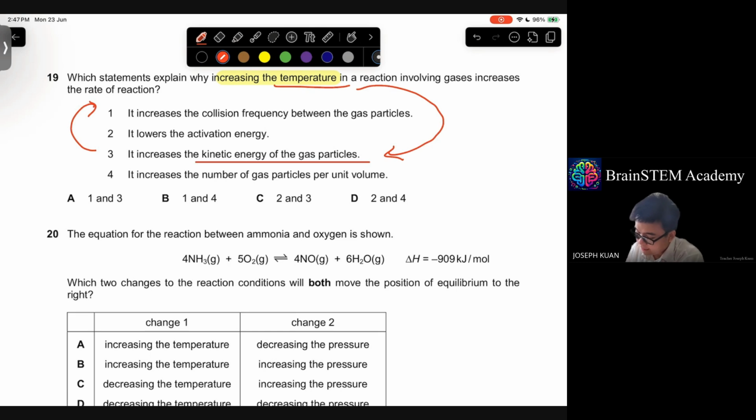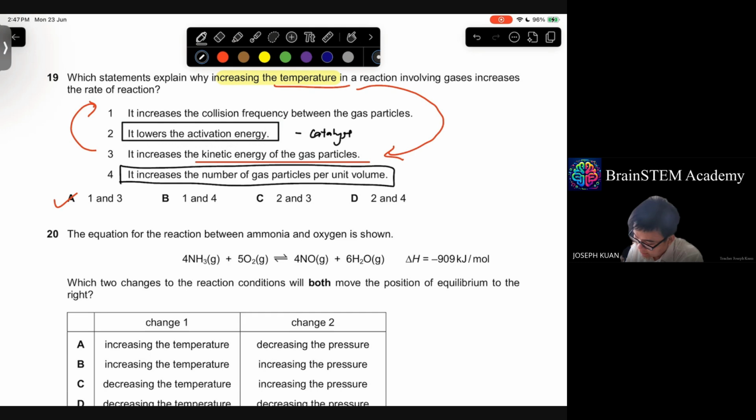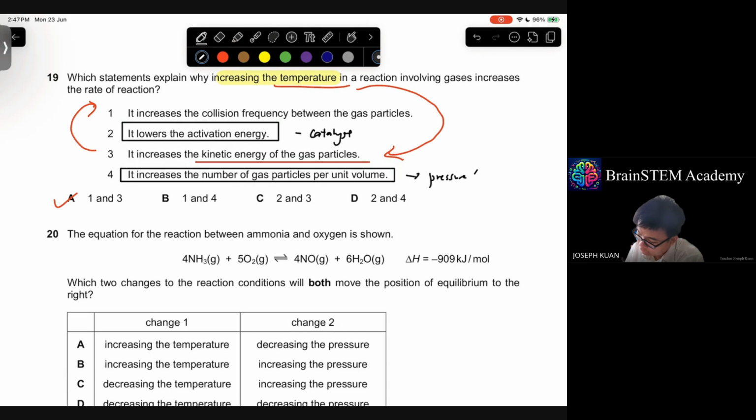So the answer is 1 and 3. The substance that lowers activation energy is your catalyst instead of temperature. And the factor that increases the number of gas particles per unit volume is pressure or concentration instead of your temperature. So the answer is A.